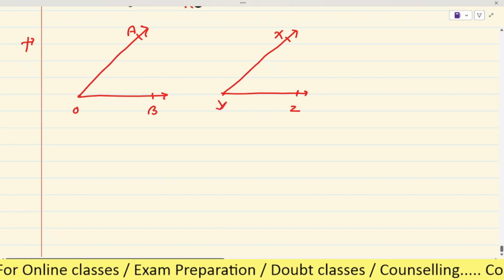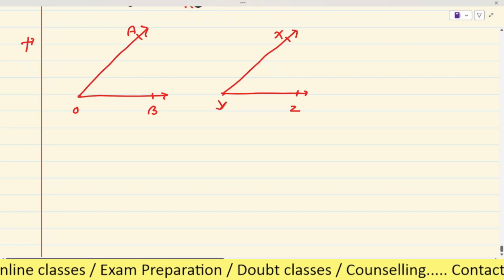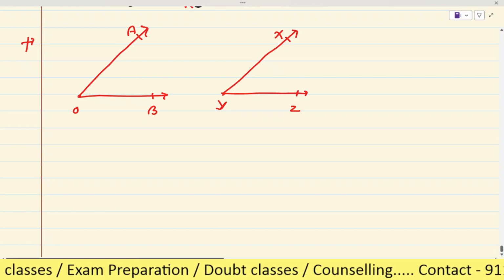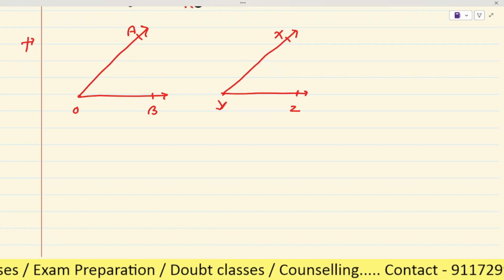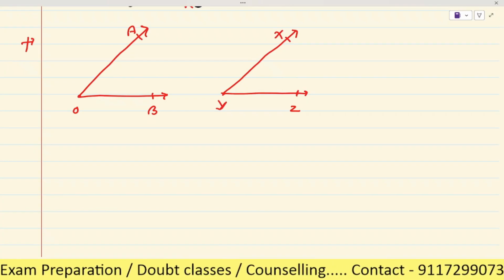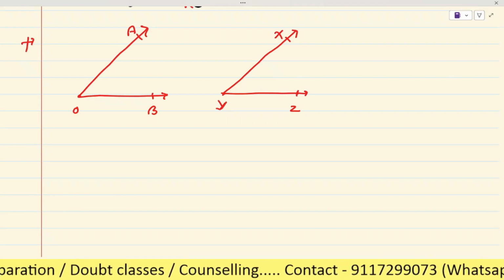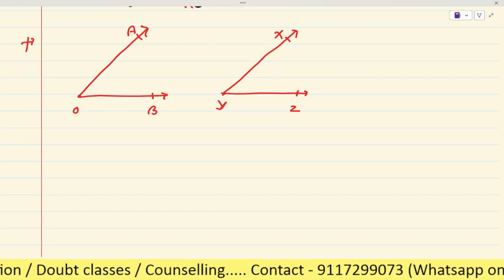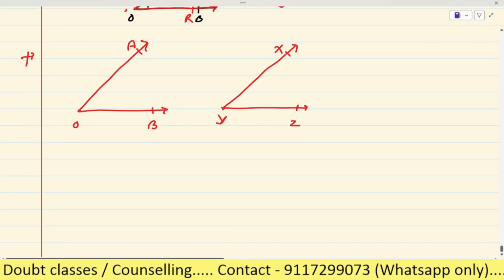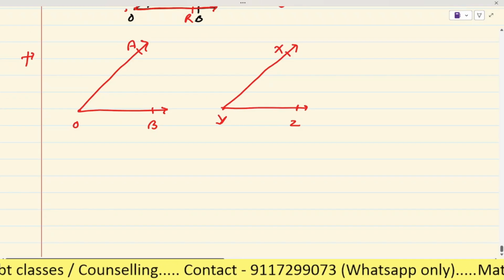In this way we can compare both these angles without superimposition, through a transparent circle. We have to take a circle and place the circular paper on the first angle.